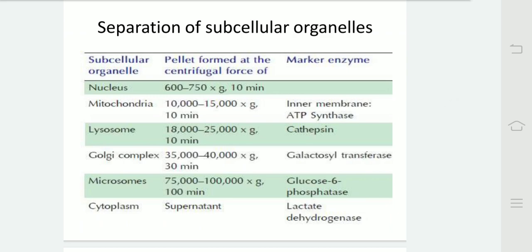Here is a table showing which cell organelles come out first after applying centrifugal force. Nucleus comes out first, followed by mitochondria, lysosome, Golgi bodies, and finally microsomes. Cytoplasm you get finally in the form of supernatant containing lactate dehydrogenase.